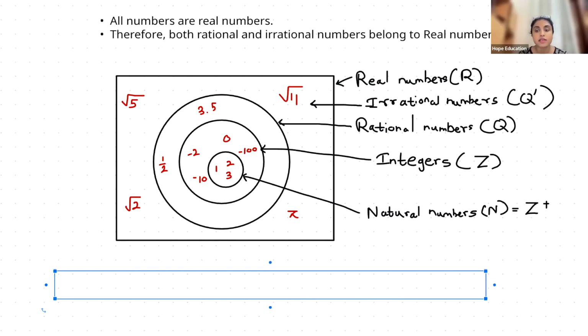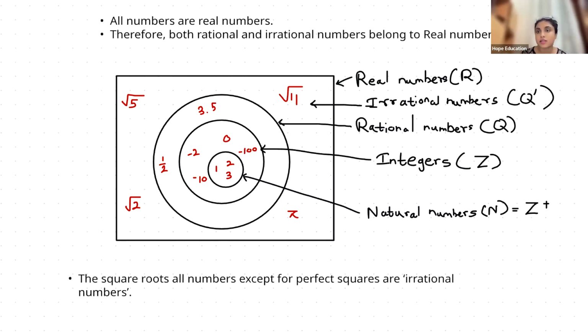That means, apart from perfect squares, every other square root. Like if you take the square root of 16, that is a perfect square, so it's 4, no problem. If you take the square root of 100, it's 10, it's a perfect square, so no problem. But all the other numbers like square root of 2, 5, 6, 7, 8, 11, 12, 13, they're all irrational numbers.